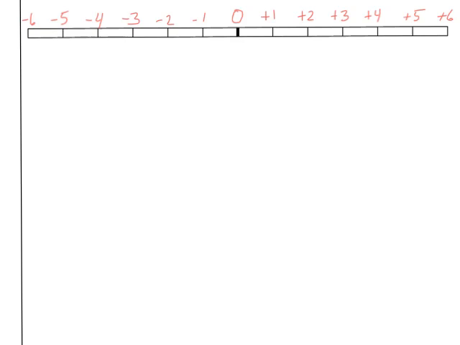Let's do one more example together. Go ahead and number your number line, and this time we're going to have a person walk from -3 to +1 to -5 and back to -3. So let's count this out together.